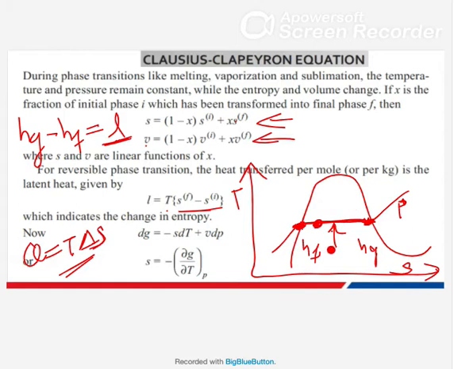So let's assume that we are transferring this heat reversibly. Then the latent heat we can calculate with the equation T delta S. The temperature is constant throughout this process from here to here, and the entropy is changing, so final entropy minus initial entropy. So latent heat we can calculate as T delta S. Is it clear up to here?